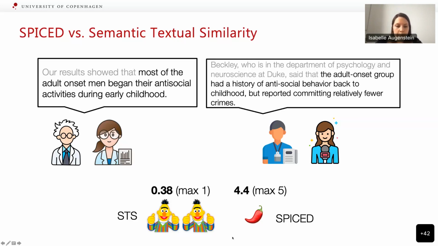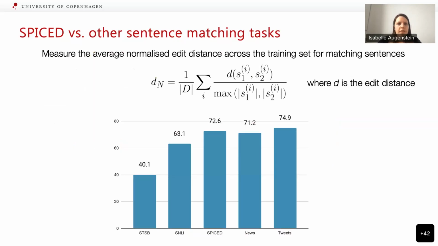All right. Now, another way to demonstrate that is actually to look at the average edit distance across the training set for different matching sentences. What we do there is we compare SPICED here in the middle, and then the different subsets of SPICED for news and for tweets, to a semantic textual similarity dataset there, and then a natural language inference dataset.